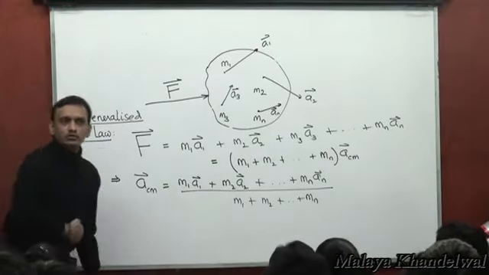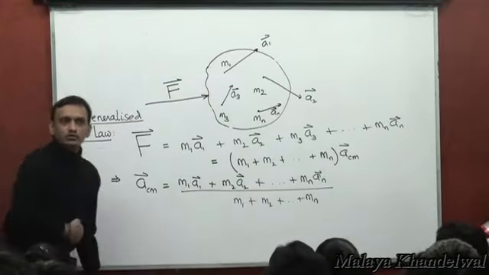Very clearly then, if one attempts to position the equivalent particle at R_CM given by (m1r1 + m2r2 + ... + mnrn) by (m1 + m2 + ... + mn), then evidently if you differentiate once, you will get the velocity of the equivalent particle, the center of mass particle.